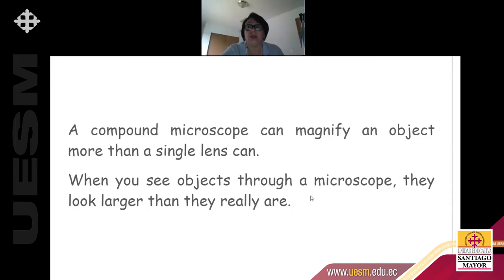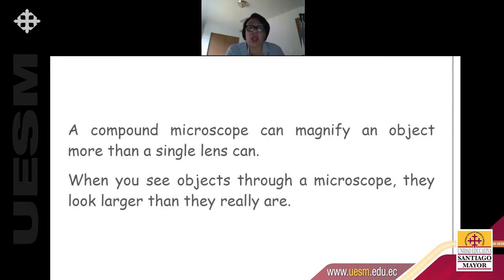And then there is another thing that is called resolution, and the resolution is what makes us able to see objects clearly. So that way we can see small details and we don't see them blurry.